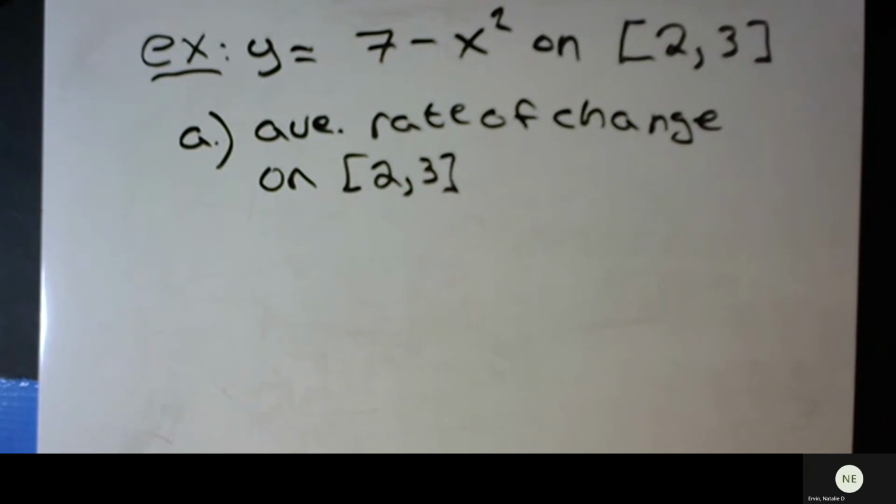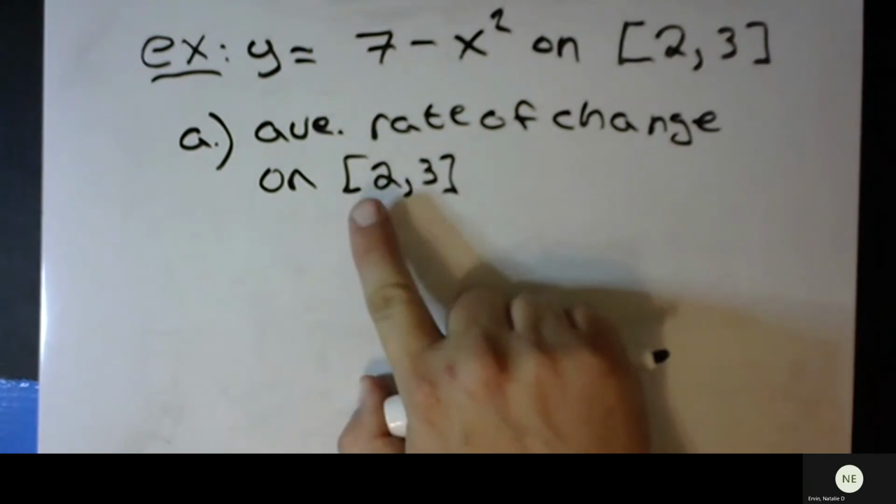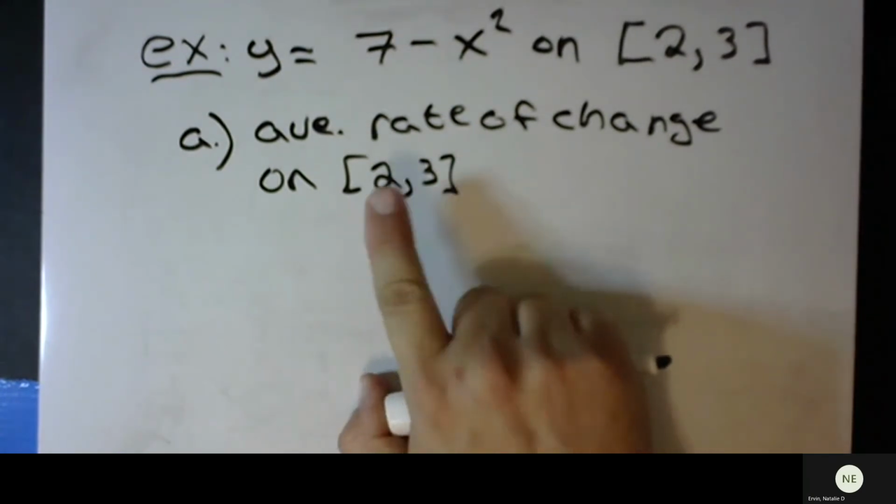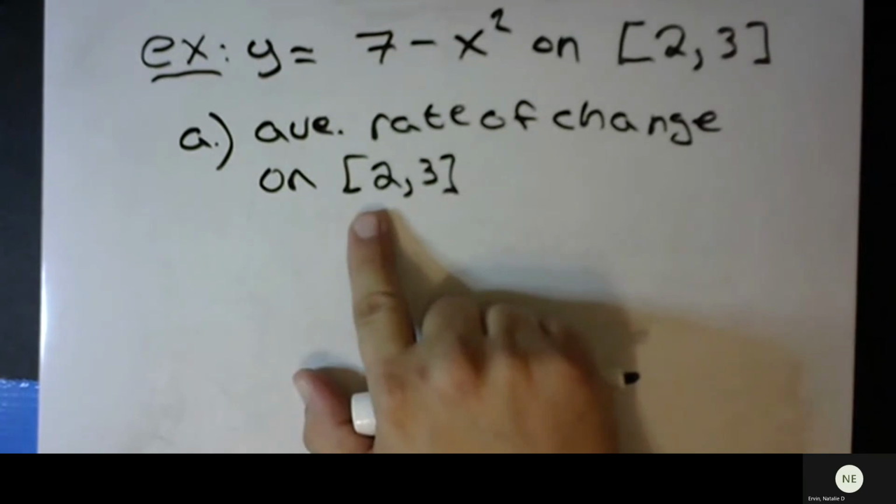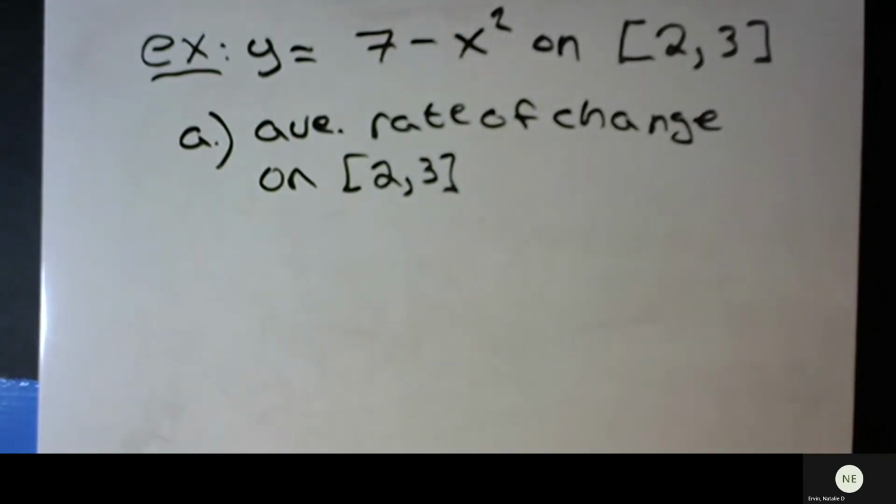What you're basically doing is calculating the slope of a line as it passes through this point and this point, or the point that we get when x is 2 and the point we get when x is 3.